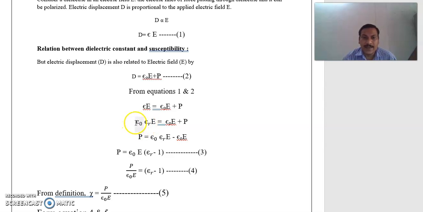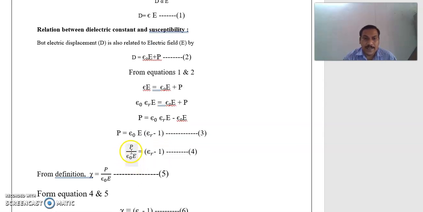So we can write epsilon naught into epsilon r into E equals epsilon naught into E plus P, where the polarization vector P equals epsilon naught epsilon r E minus epsilon naught E. Taking epsilon naught E common, P equals epsilon naught E into epsilon r minus 1. Next, sending epsilon naught E to the left side, P by epsilon naught E equals epsilon r minus 1.